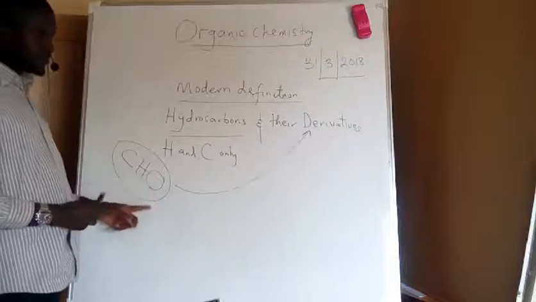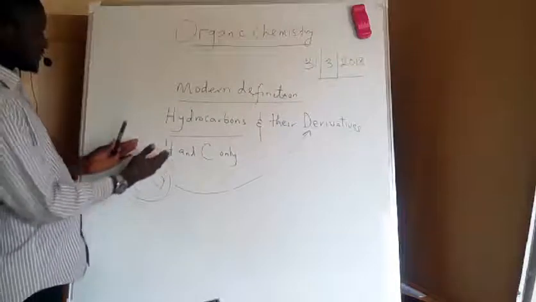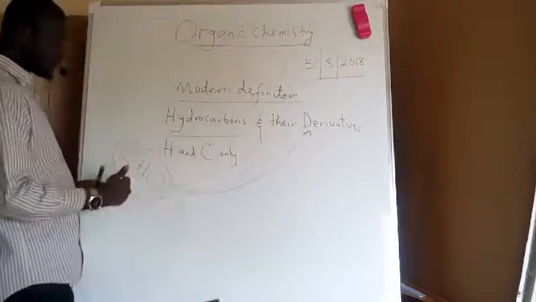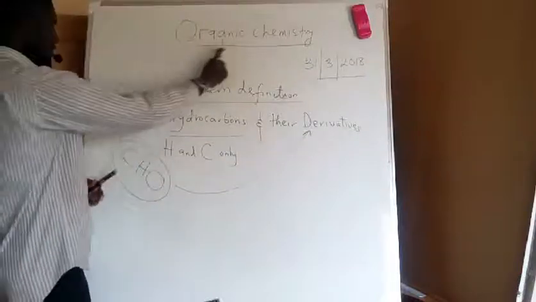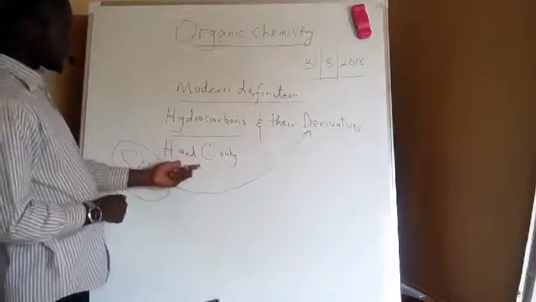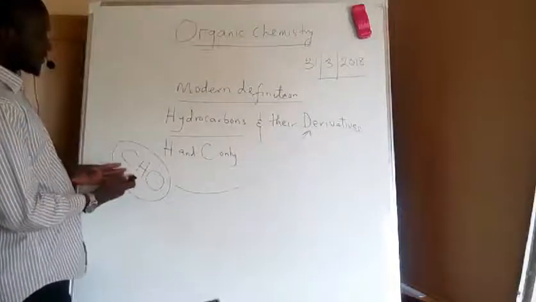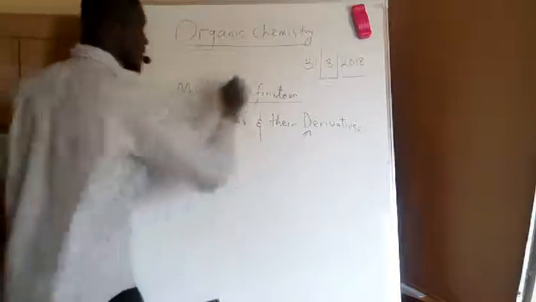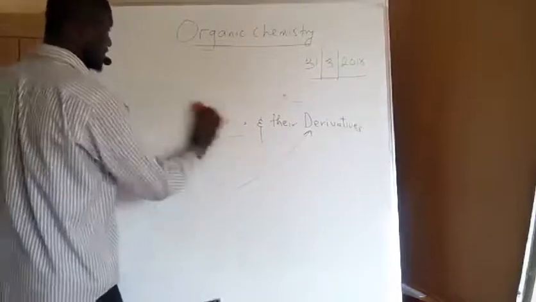So the study of compounds that have carbon and hydrogen only, and the study of compounds that have carbon, hydrogen and other elements, is what is referred to as organic chemistry. So hydrocarbons are compounds that have carbon and hydrogen only, and derivatives of hydrocarbons are compounds that have carbon, hydrogen and other elements. So now let's take hydrocarbon as a topic and explain.